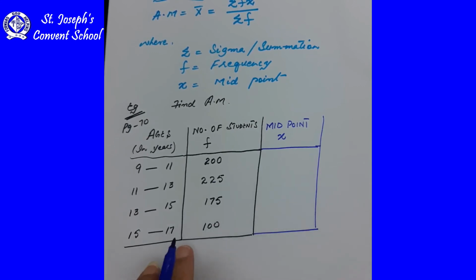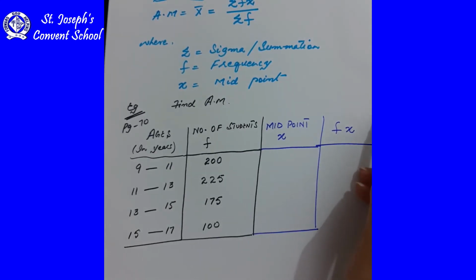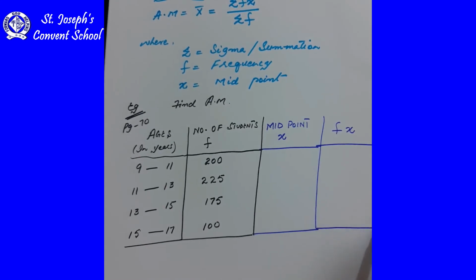You will make two more columns, and the last column is F into X. This is in the formula, you have to find F into X. So altogether there are four columns. You will make four columns altogether.